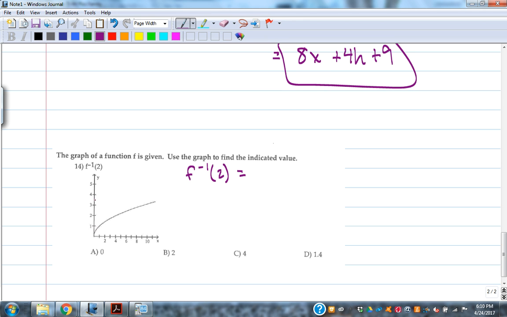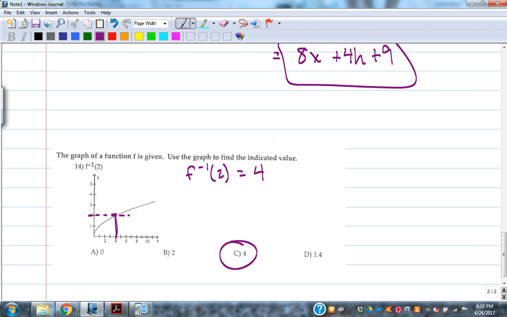Okay, so that means on the inverse, the 2 is actually what value? It's in the x place, but it should be a y value. So we want to know where is y 2. So I'll just draw myself a little dotted line here. And right there is where y is 2. It should be 4.